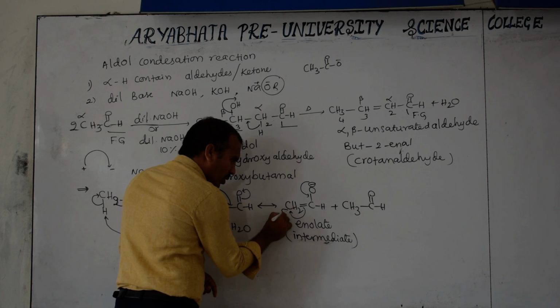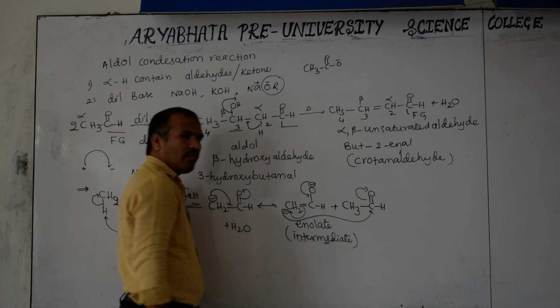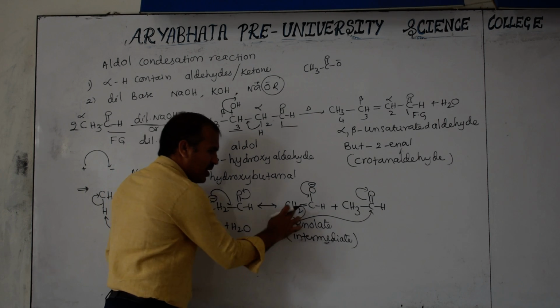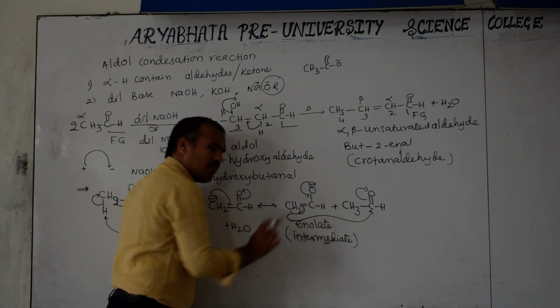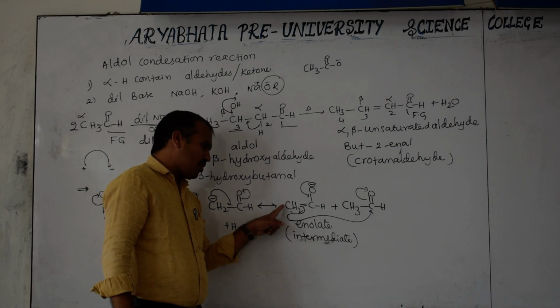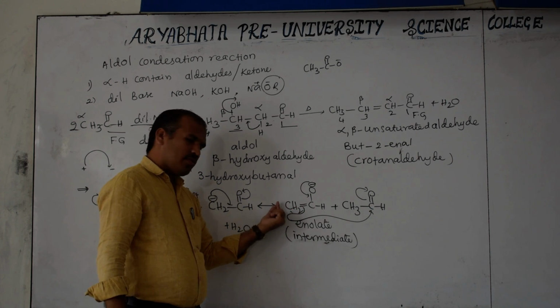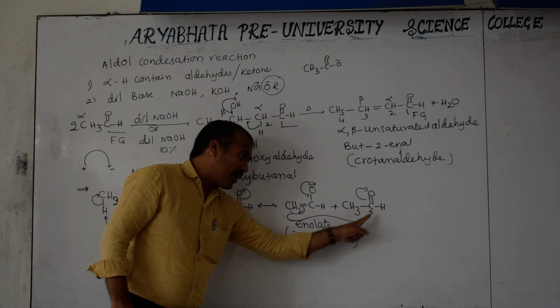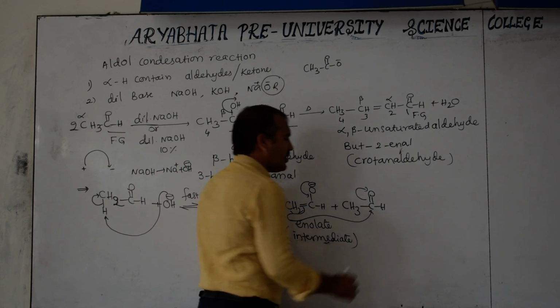This negative part will attack this one. But like this is generally not represented in books. Actually it is represented like this only. You have to understand, this goes here and this negative is attached here. But that type of representation is not good. That's why directly this pi bond attacks this carbon. Immediately the pi bond shifts to oxygen.